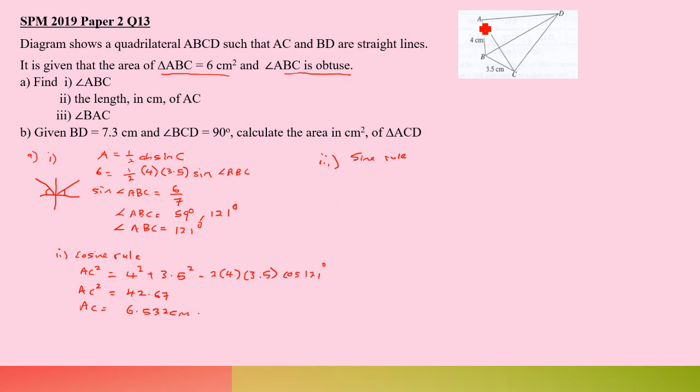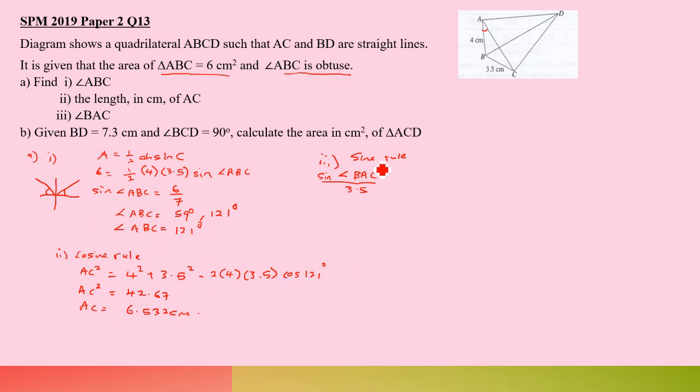BAC. So to find this angle BAC, the opposite of this angle is 3.5. And the opposite of this angle, the whole thing here, is AC. So what we have is sine of angle BAC divided by the opposite of it, 3.5. You can put the length on top and the sine below, or the other way around.